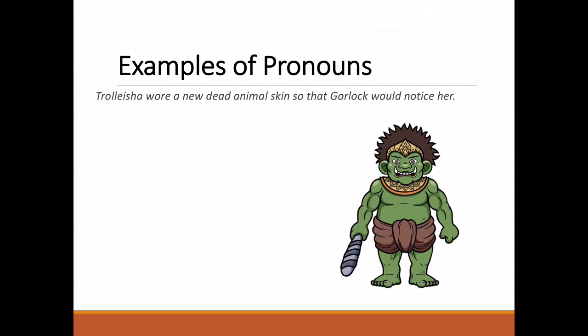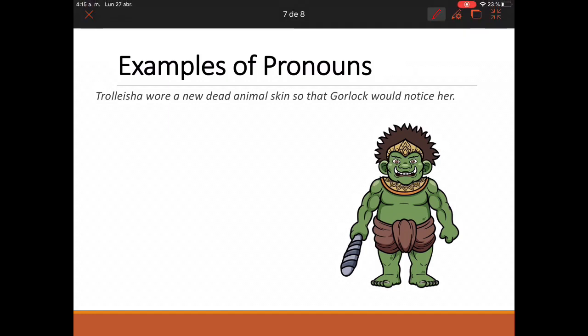Trolacia wore a new dead animal skin so that Corlock would notice her. Where is a pronoun in this sentence? Let's see if you match. Where can be a pronoun in this sentence?